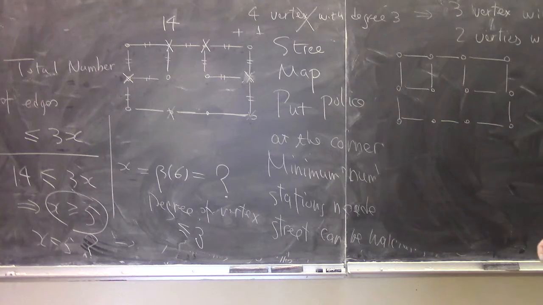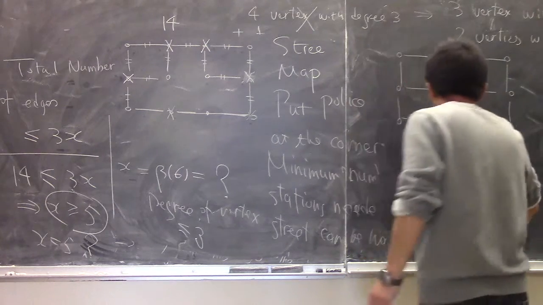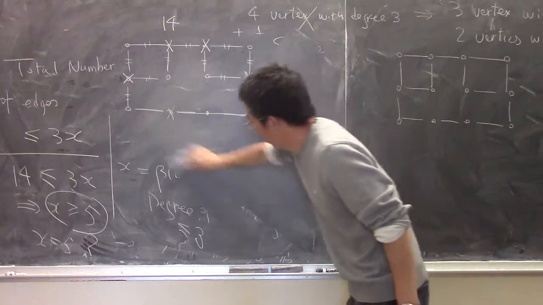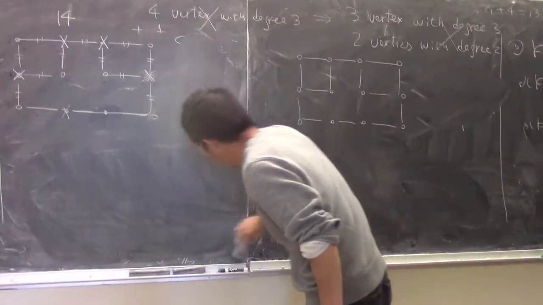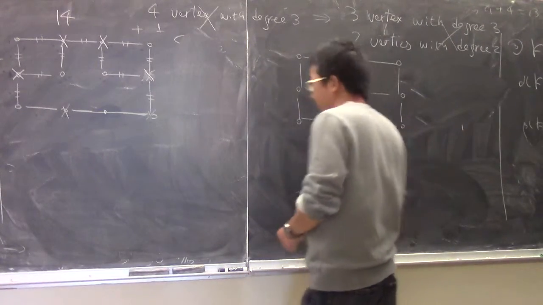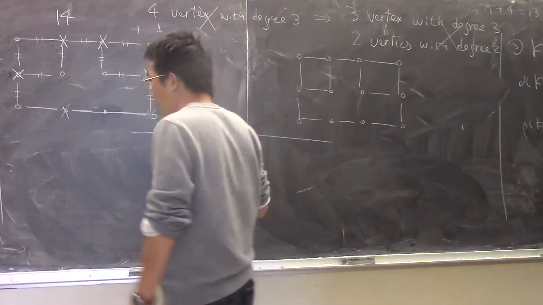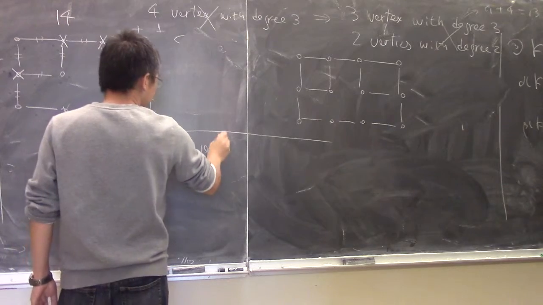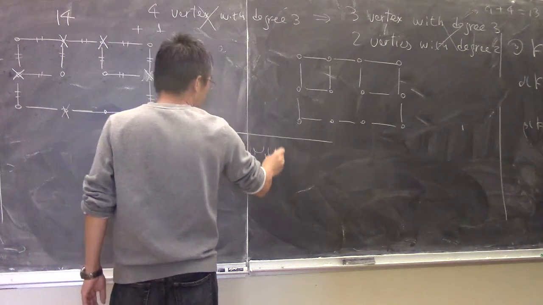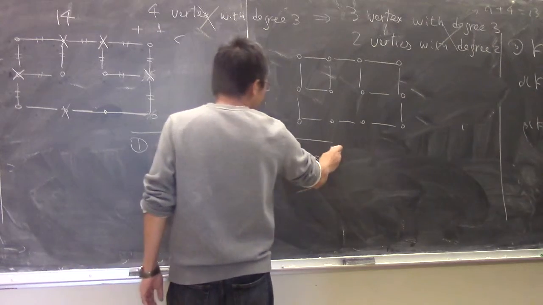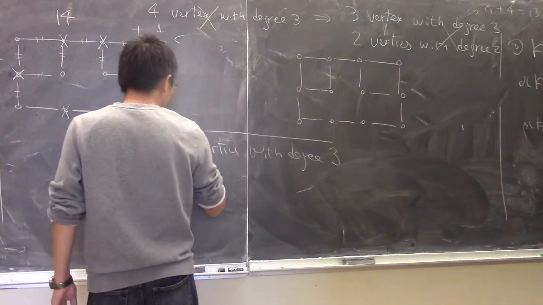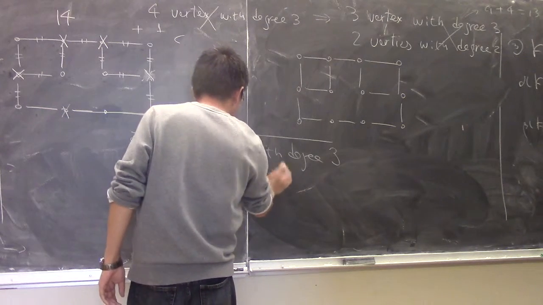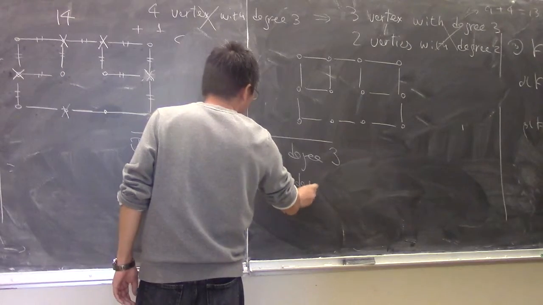Okay, so if I look at this graph, let me write what I summarize here. So I try to find whether this is going to work, right? So the first possibility is I have 4 vertices, each of them with degree 3, and I have 1 more vertex with degree 2, right?